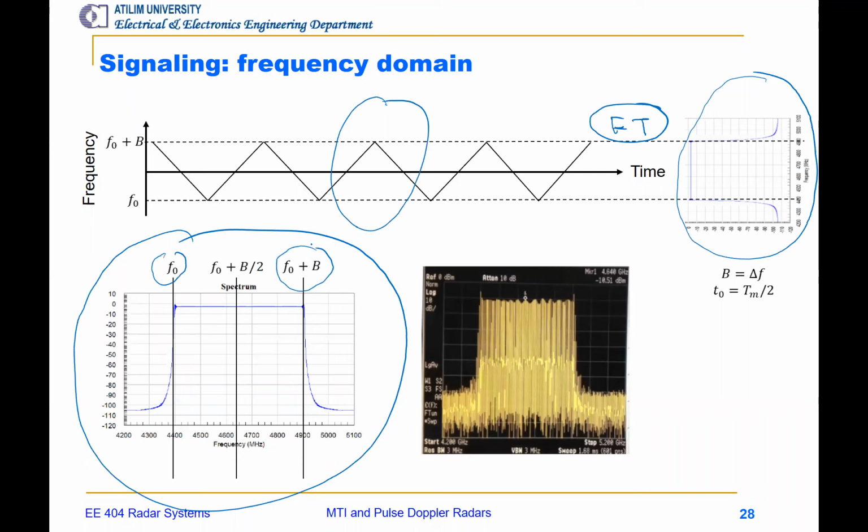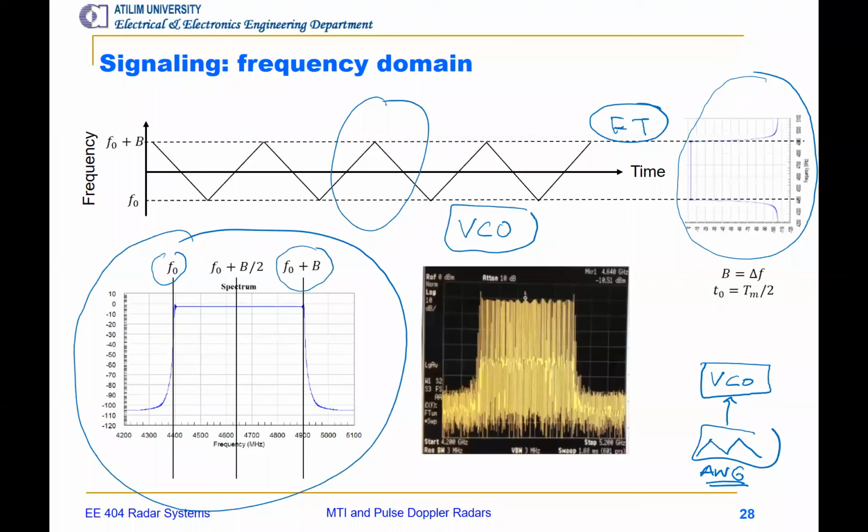You can generate such a waveform by using a voltage controlled oscillator, as you might remember. If we use a VCO and create a triangular signal, let's say with an arbitrary waveform generator, appropriately tuned, and then use a VCO with some power supply here, you get the modulated signal, the FM signal or FMCW signal, okay?